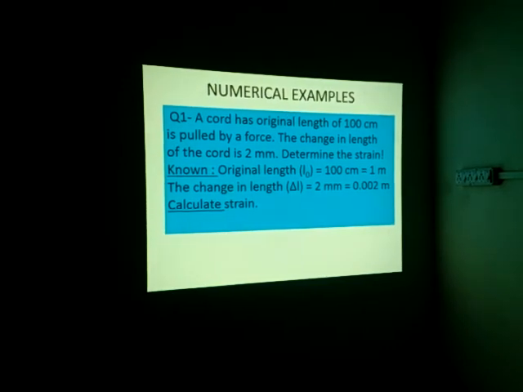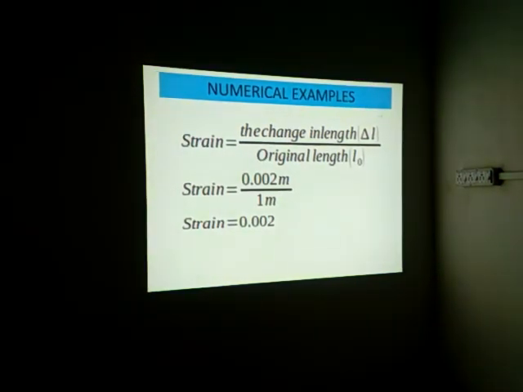To calculate the strain, strain is equal to change in length, delta L, divided by the original length L0, and this is equal to 0.002 meter divided by 1 meter, and this becomes 0.002, that is the value of the strain.